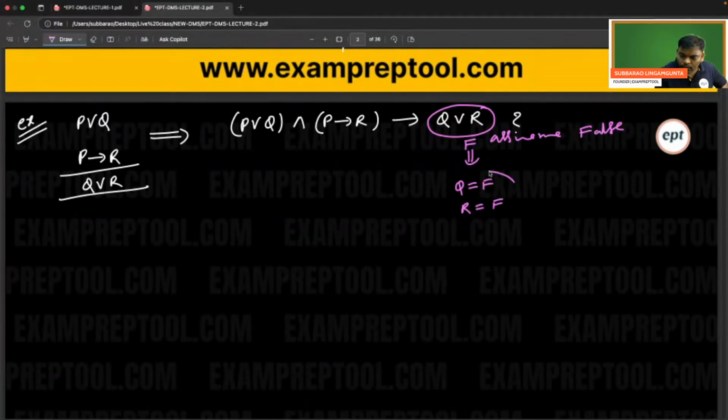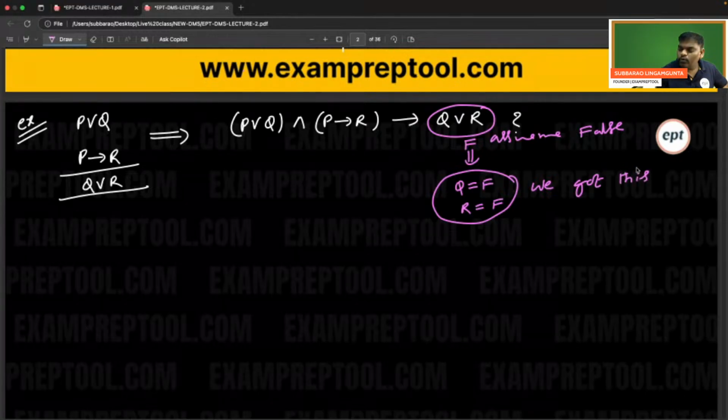This is the information which we got. Now, Q false, R false, we have to substitute on the left side.